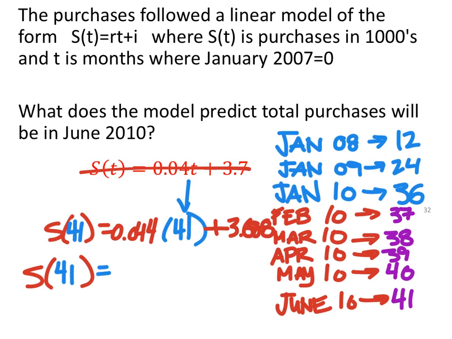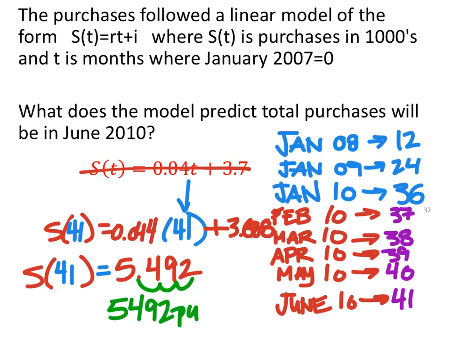So let's go to the calculator. Now from this I get 5.492. But again, this is still in thousands, so we just need to multiply it by 1,000 if you'd like. You'd get 5,492 purchases. And again, this is for June 2010.